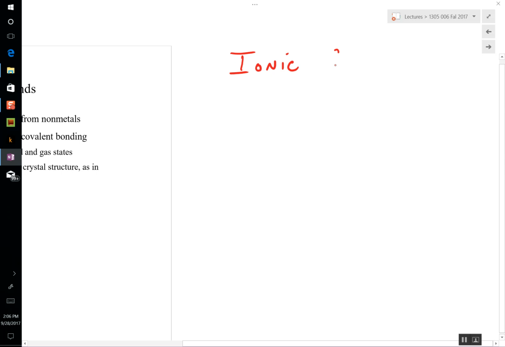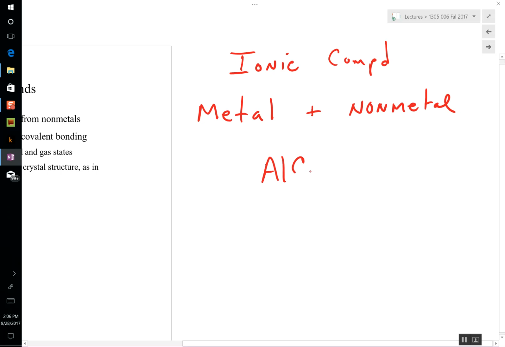But to reiterate here, an ionic compound, generally speaking, is a metal reacting with a nonmetal. Okay, what is an ionic compound? An ionic compound is made up of ions. Like AlCl3, you've got +3 ions attracted to -1 ions.